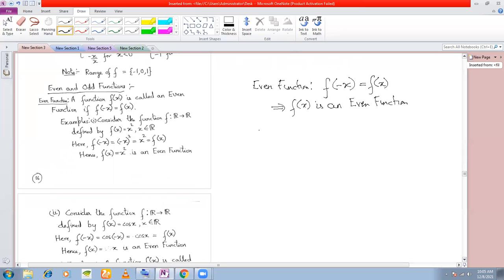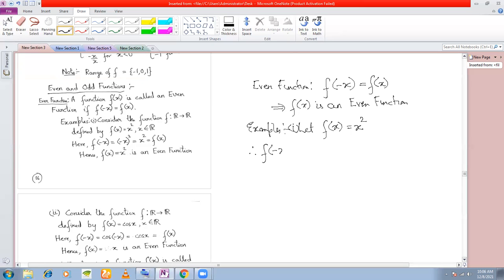Okay. Two examples. Suppose I give you f(x) is equal to x square, and I want you to check whether this is an even function or an odd function. So what you do is you first find out f of minus x.